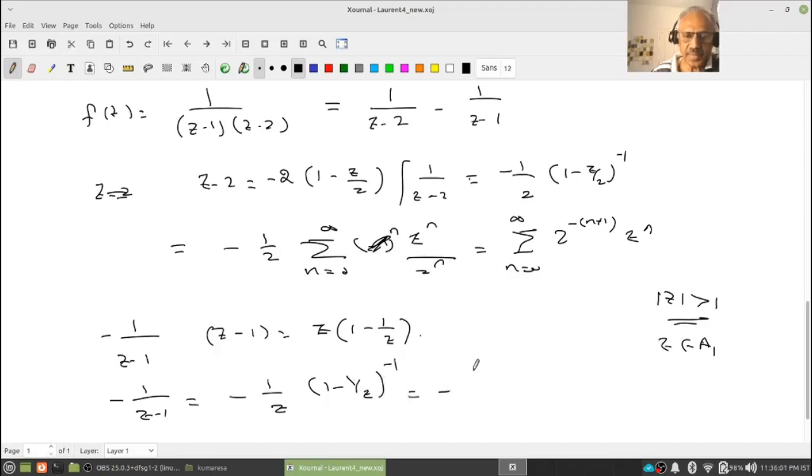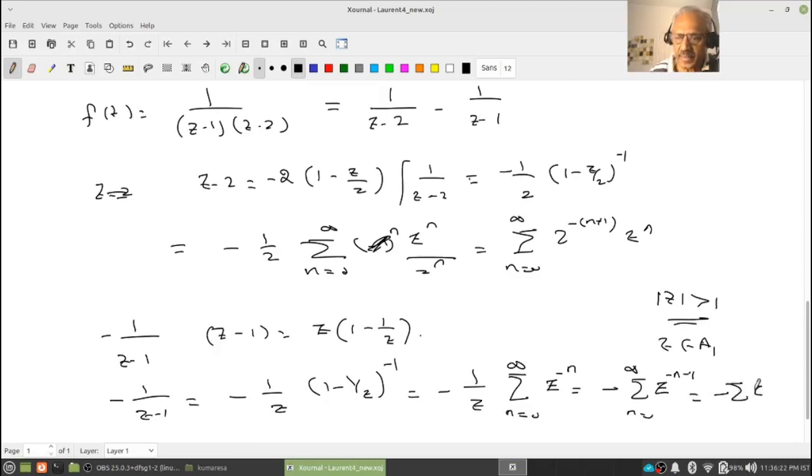That is going to be minus 1 by z and z power minus n, n equal to 0 to infinity, which is going to be minus z power minus n minus 1, n equal to 0 to infinity, or it's going to be minus z power minus n, n equal to 1 to infinity.